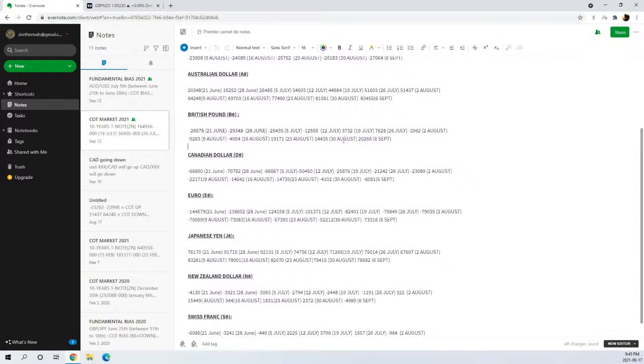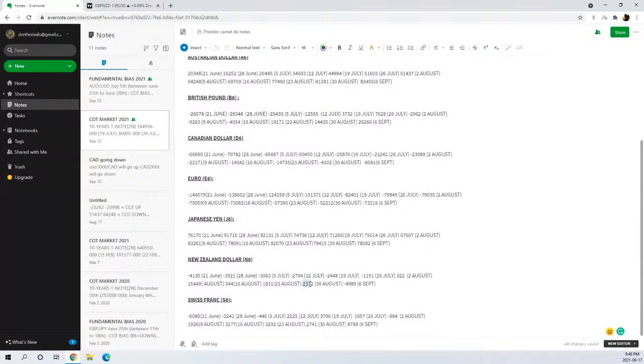So there was a difference of around 6,000 contracts overall. But NZD, for the 30th of August, 2,372, and then it went to minus 4,989.